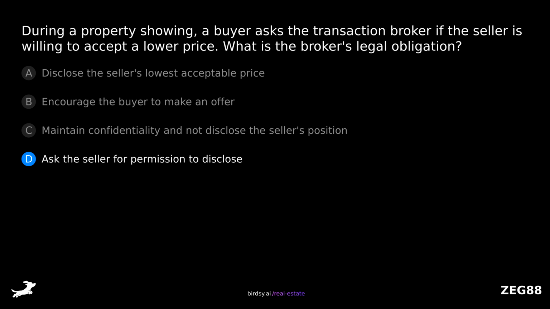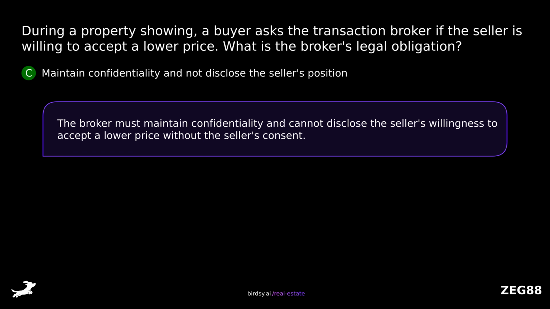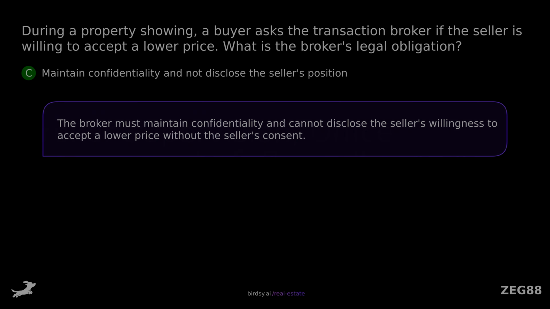Or D, ask the seller for permission to disclose? The answer is C, maintain confidentiality and not disclose the seller's position. The broker must maintain confidentiality and cannot disclose the seller's willingness to accept a lower price without the seller's consent.